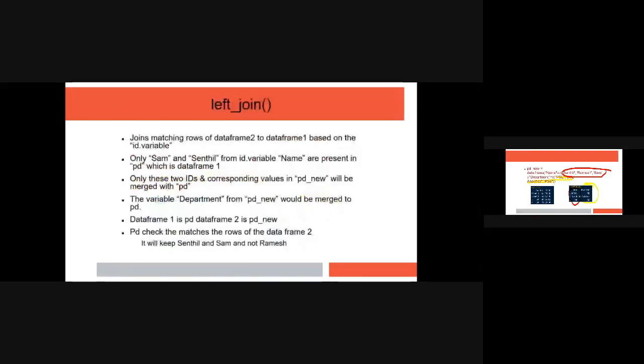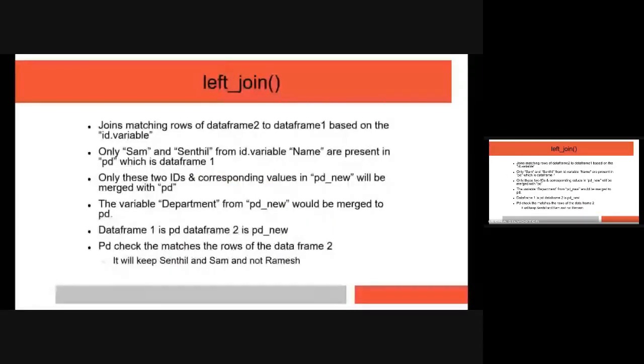Next is left join. It joins the matching rows of data frame 2 to data frame 1 based on the ID variable. Only Sam and Senthil from the name variable are present in PD, which is data frame 1. Only these two IDs and corresponding values in PD new will be merged with PD.